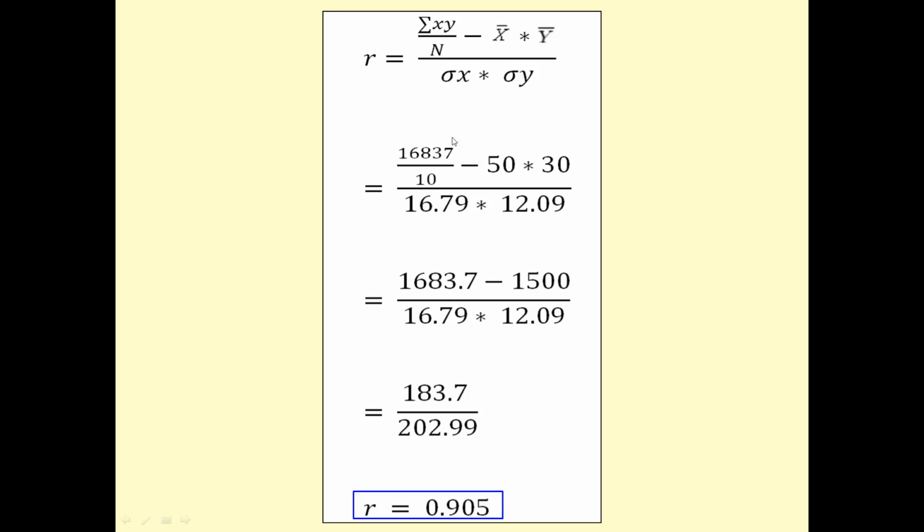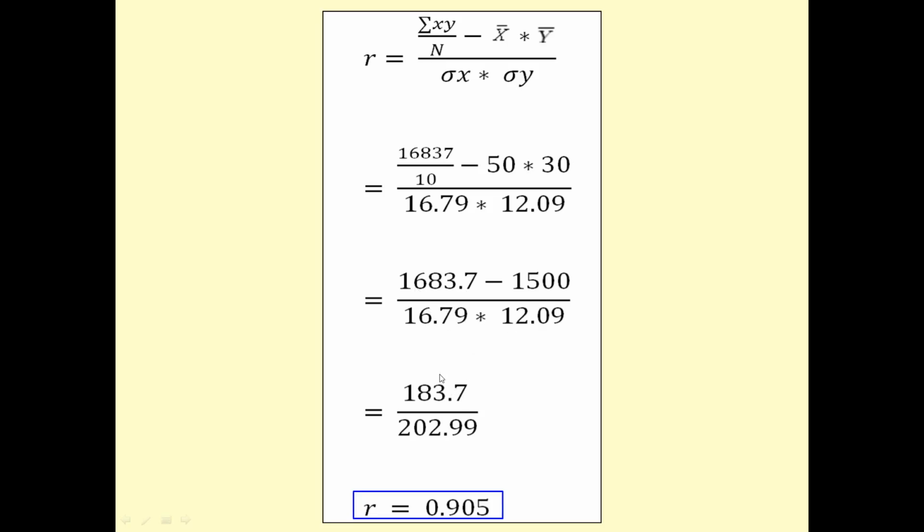Summation of xy is 16,837 divided by 10, the total number of observations, since there are 10 pairs, one for x and the other for y, minus x bar, which is 50, into 30, divided by standard deviation of x, which is 16.79, and that of y, which is 12.09. So this division and this subtraction is carried out, this multiplication is carried out.